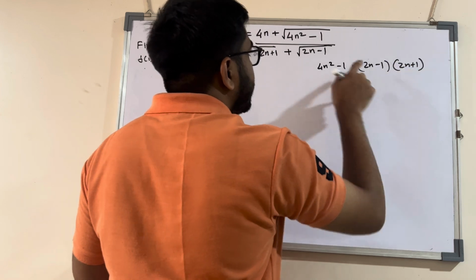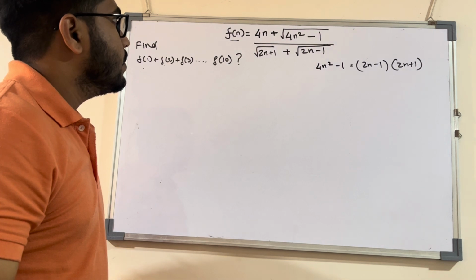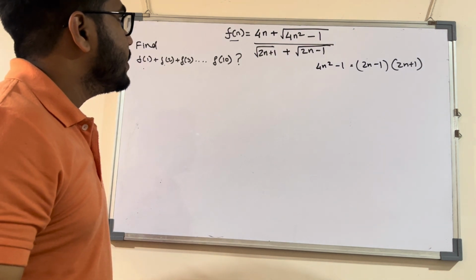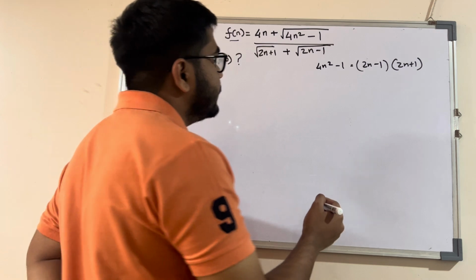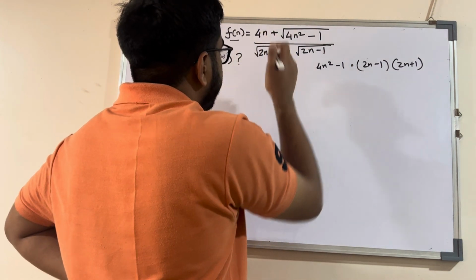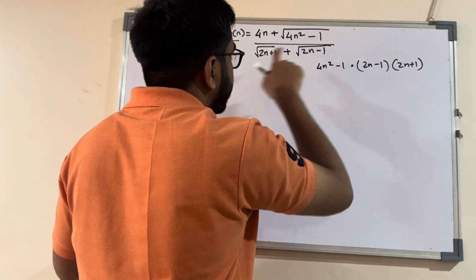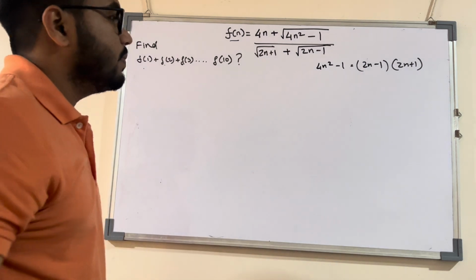So one thing we identify here. What is the second thing? The second thing is, these are repeating terms: root of 2n minus 1, 2n plus 1, root of 2n minus 1, 2n plus 1.